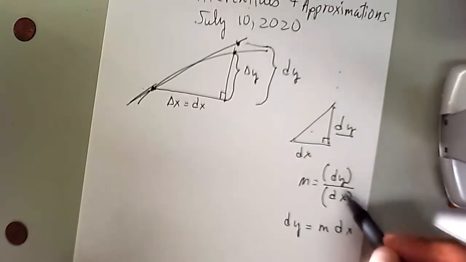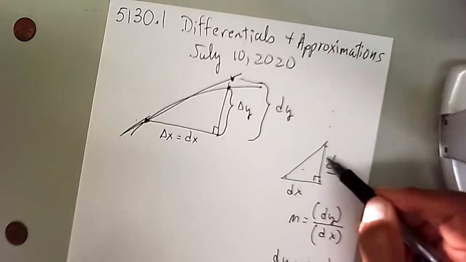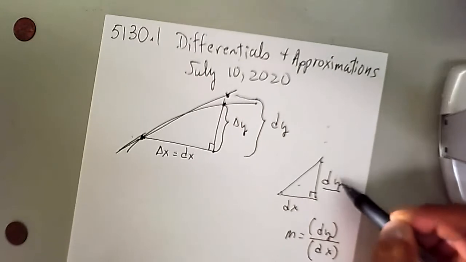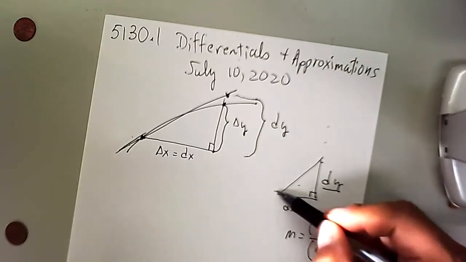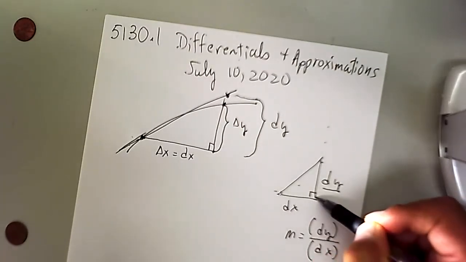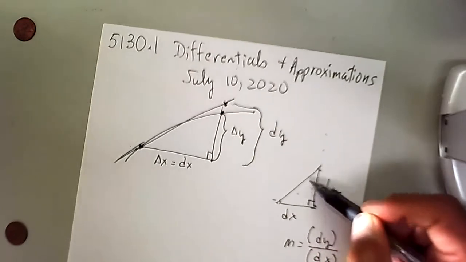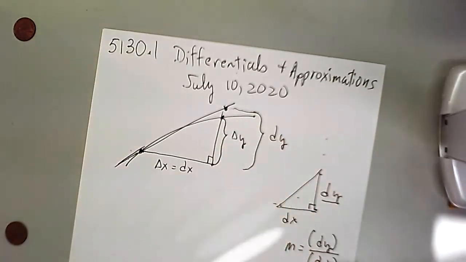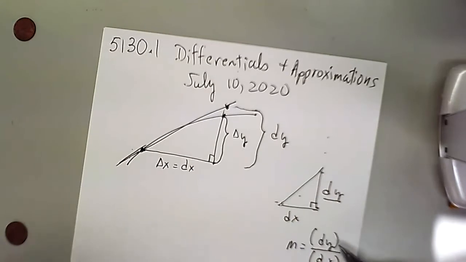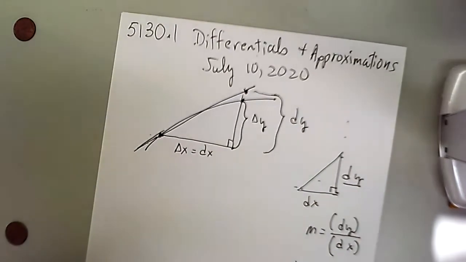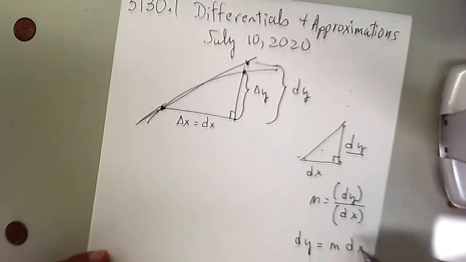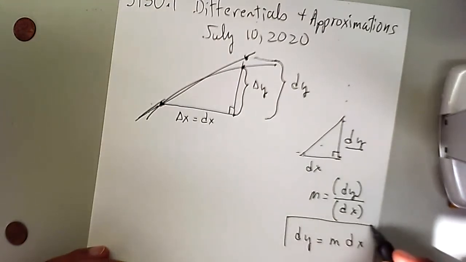So as quantities, because I started the picture using dy as the rise and dx as the run on this picture, they're quantities, so we can multiply both sides. So that's how we define dy.